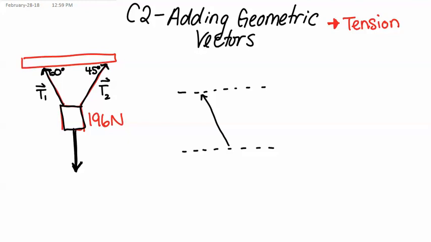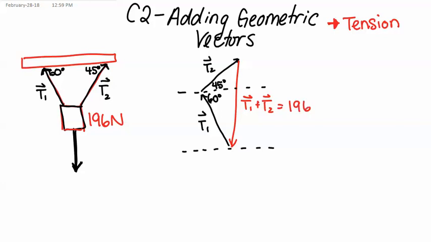Okay, so let's say this is at an angle of 60 degrees. That's our tension 1, and the other one's at an angle of 45. That's the second one. And then our resultant vector is going straight down, which mine kind of is. We know that vector is going to be the addition of these 2 vectors, and we know it's going to equal 196 newtons.